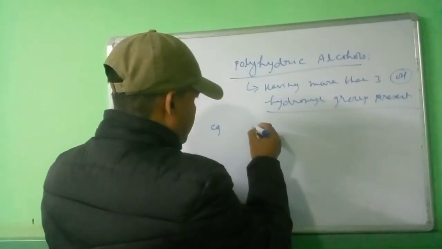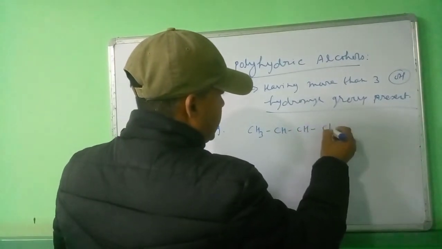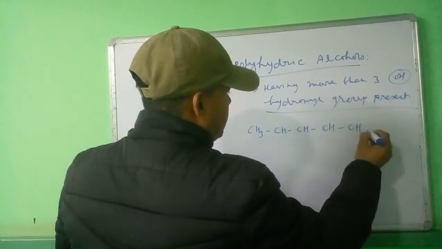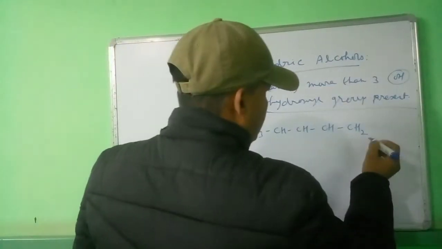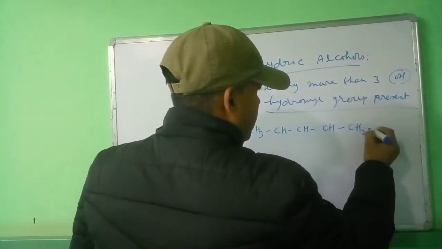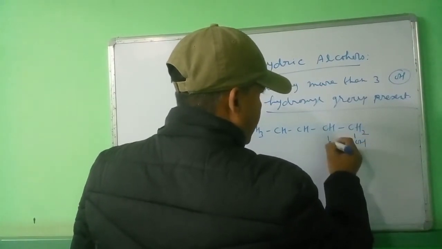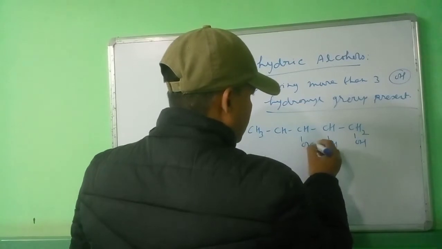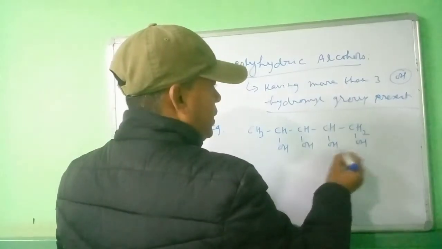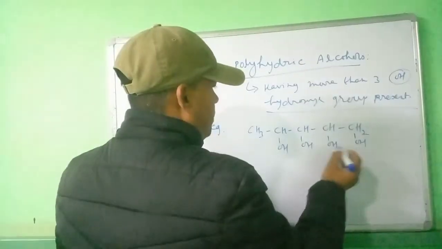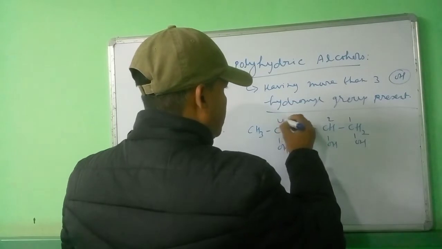So, for example, CH3, CH, and now CH2, bonded with OH as the functional group, OH, and now OH. So more than 3, here 4 OH groups are present in the compound. So for the total number of carbons we number 1, 2, 3, 4, and 5.